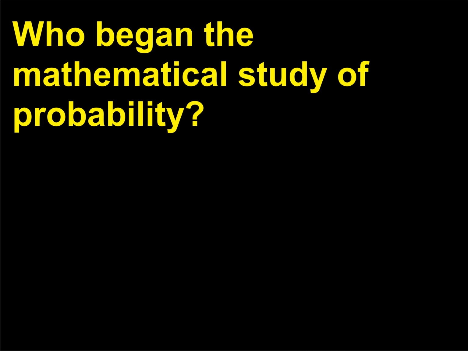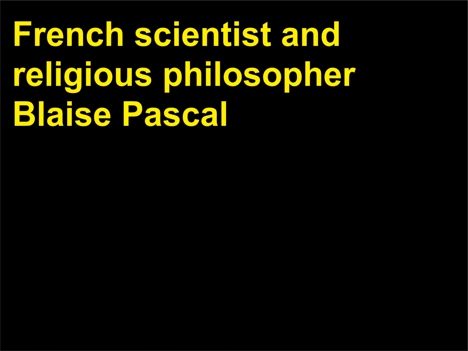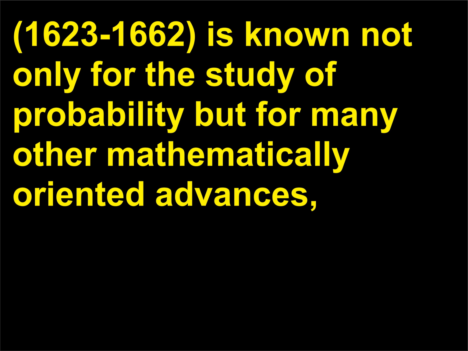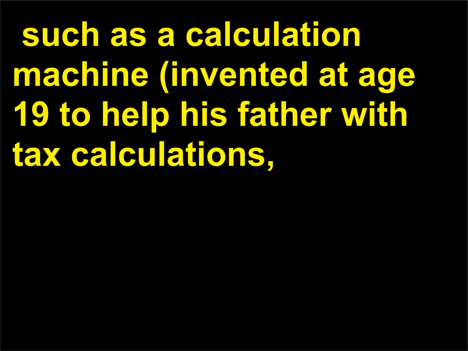Who began the mathematical study of probability? French scientist and religious philosopher Blaise Pascal, 1623 to 1662, is known not only for the study of probability but for many other mathematically oriented advances, such as a calculation machine, invented at age 19 to help his father with tax calculations.